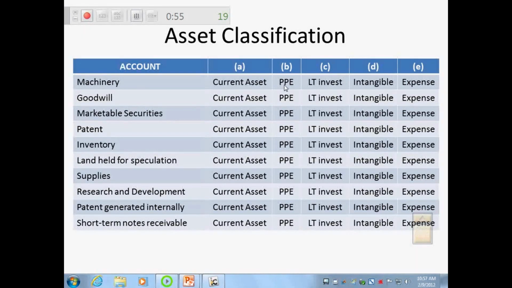PP&E. Who said current, if you're willing to say, and tell me why it might be current? So it would not be called a machine if I'm planning on selling it. What would I call that in my company? Theoretically you're right. It's just what would I call that? What do I call the stuff that I'm planning on selling? Inventory, right?